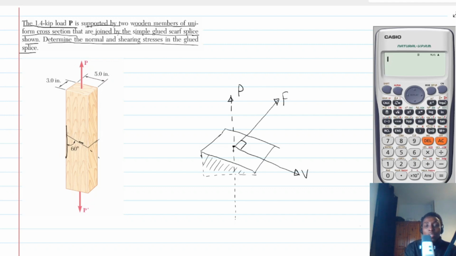So meaning that this shear force makes an angle of 60 degrees with respect to the vertical axis.